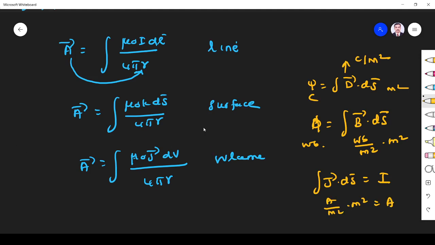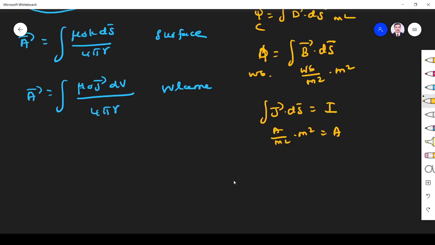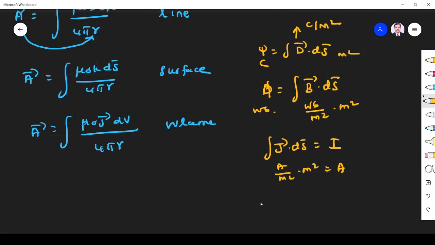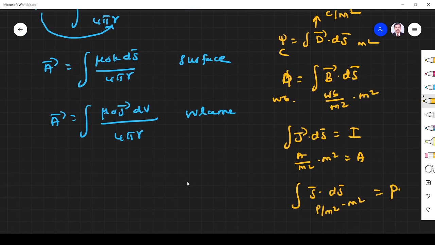Similarly, we have one more equation with dS that we should remember in the Poynting vector. The Poynting vector is power flow per meter square. S is the Poynting vector, power per meter square into meter square, that is equal to P. So all those dS formulas we must know. This is very simple. Electromagnetics is full of relations, and it is easy to remember all the relations.